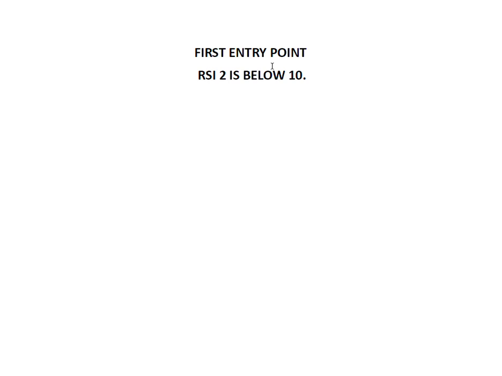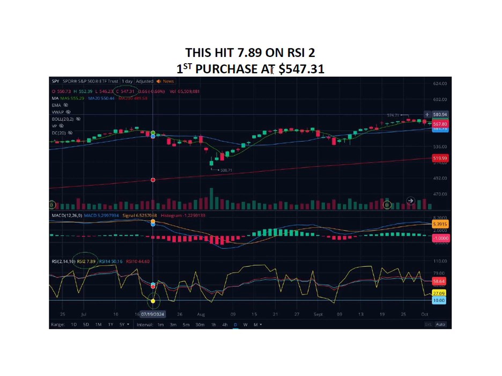So again, we want to look for that RSI2 below the 10, right? RSI being the relative strength index, 2 being the 2-day interval. There's a first entry point that I'm getting ready to show you here, and that first entry point was here on 7/19, right?